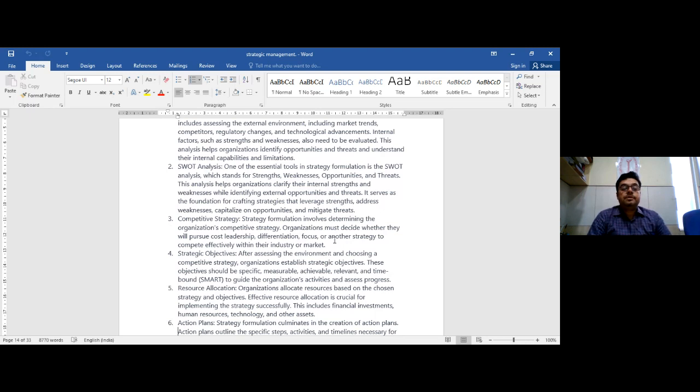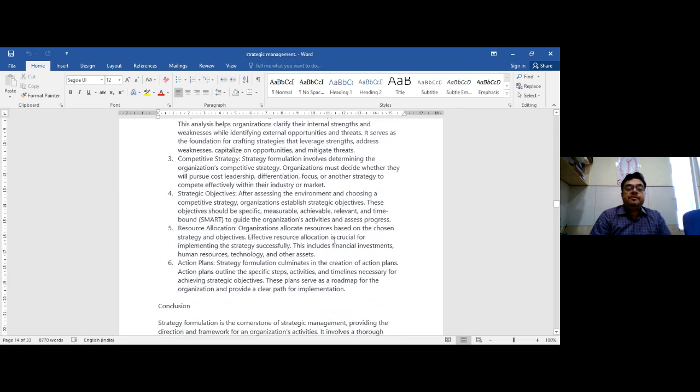Here, there is a method of effective resource allocation which would be crucial for implementing the strategy very successfully, and that would greatly include financial investments, human resource investments, technological investments, and also investments in terms of the other assets that are present.